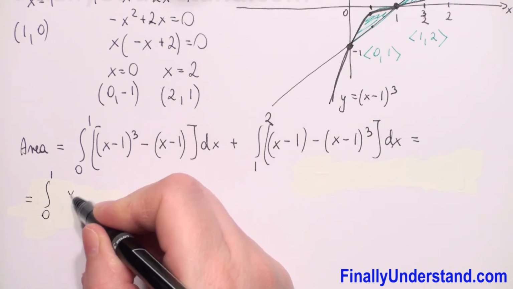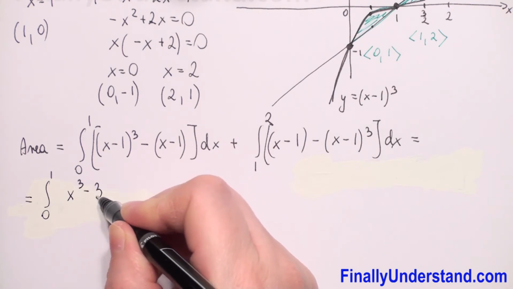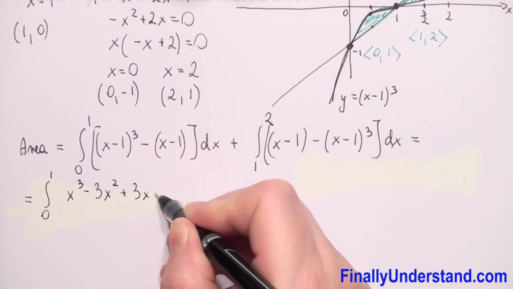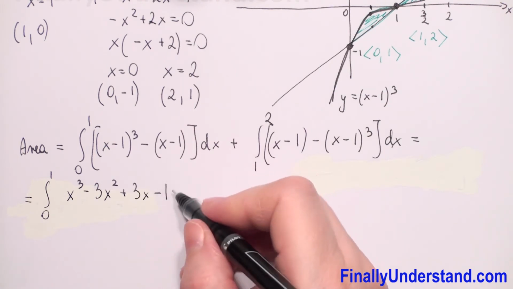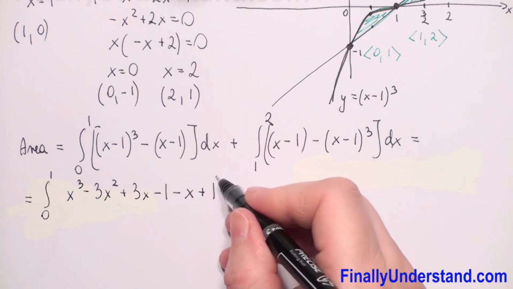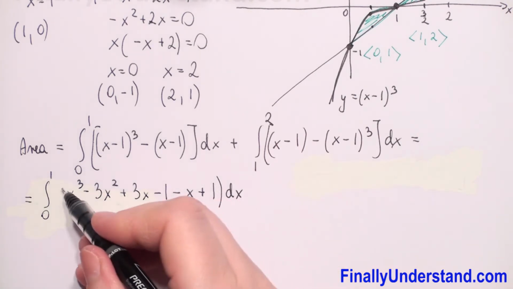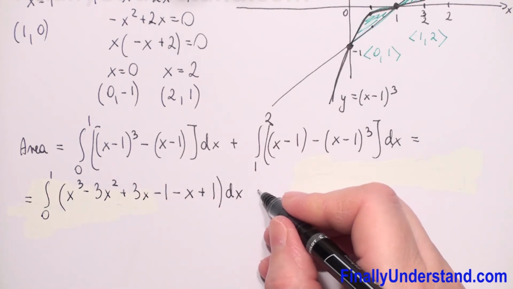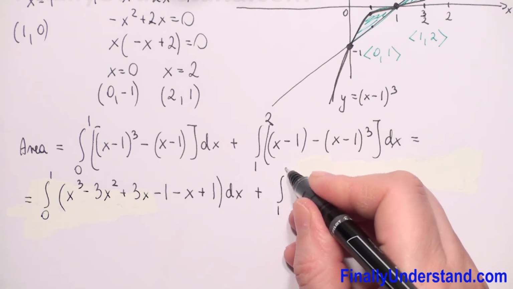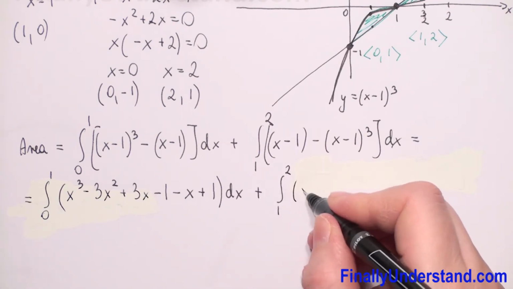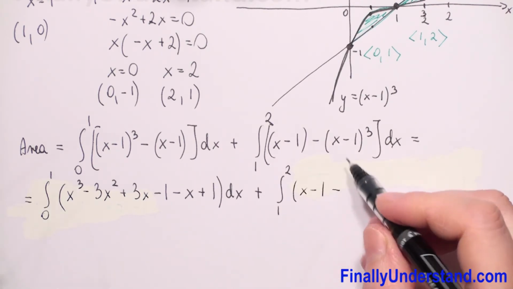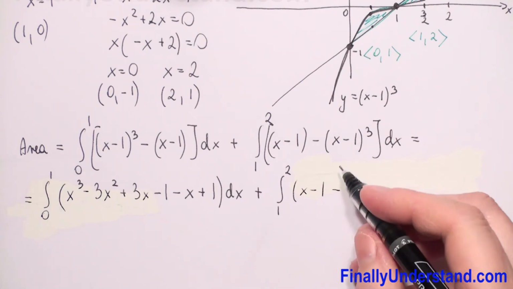So this is equal to x cubed minus 3x squared plus 3x minus 1. And we have minus x, which will be plus 1, with respect to x integral. And we have plus the integral from 1 to 2, and now we have x minus 1, and we will have minus x minus 1 to the third power.